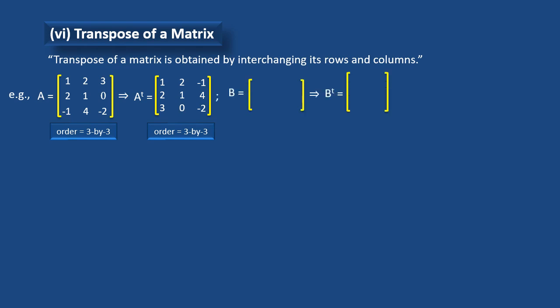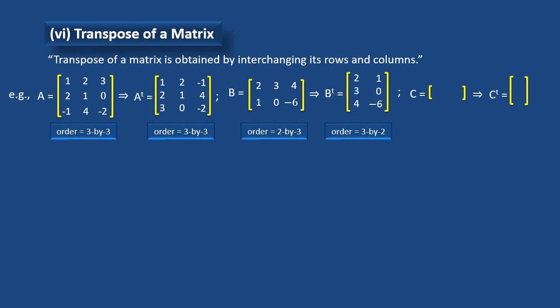Now consider matrix B. First row becomes first column in the transpose of B. Second row of B becomes second column in its transpose. So order of B is 2 by 3 while that of B transpose is 3 by 2.